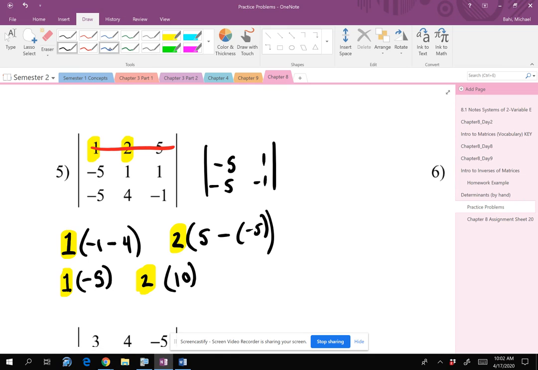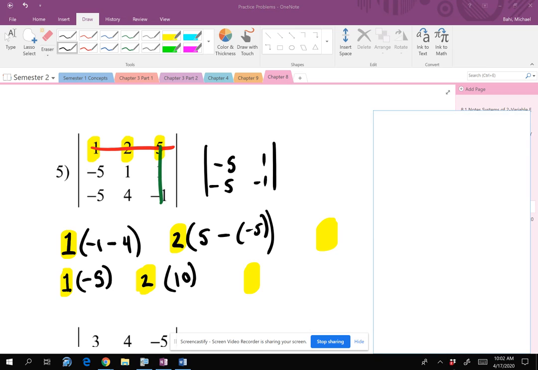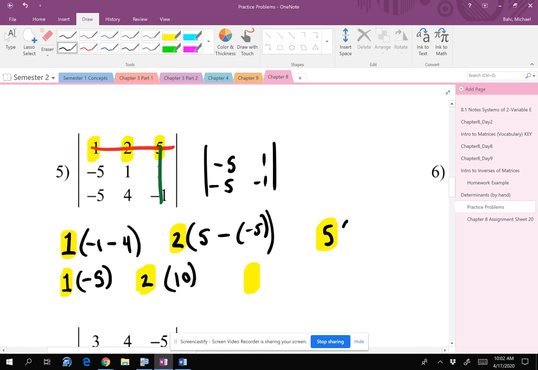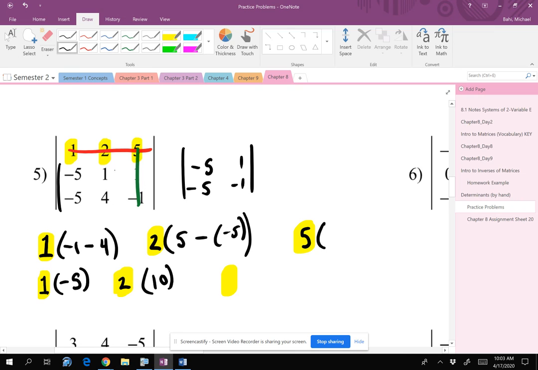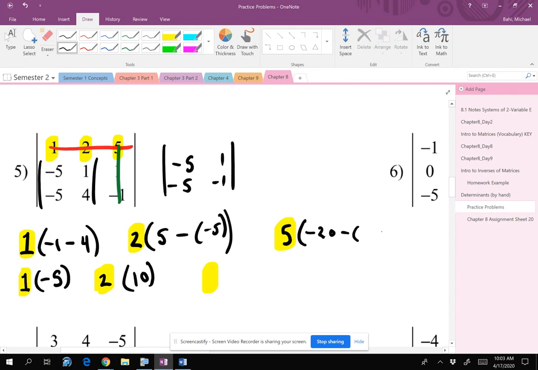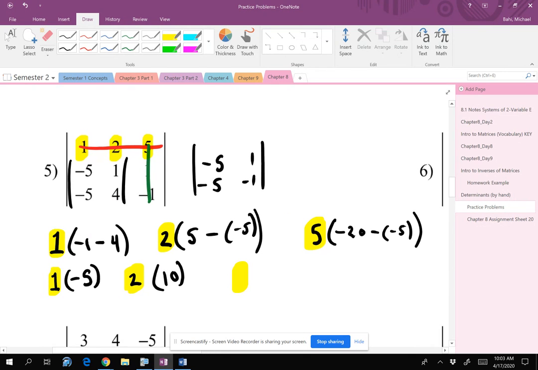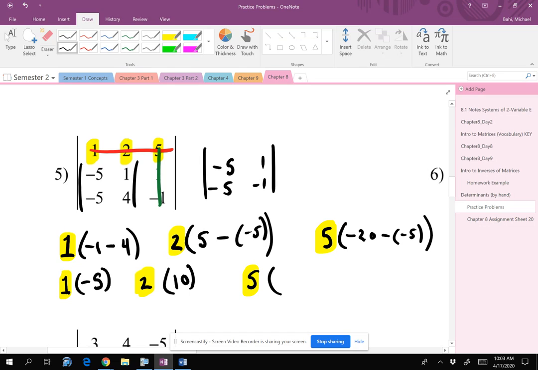Now I have to do this one more time, and I'm telling you, it's really fun. Now 5 is crossing in this case, and we find the determinant of what's left. So -5 times 4 is -20, minus -5 times 1, which is -5. This simplifies to -15.